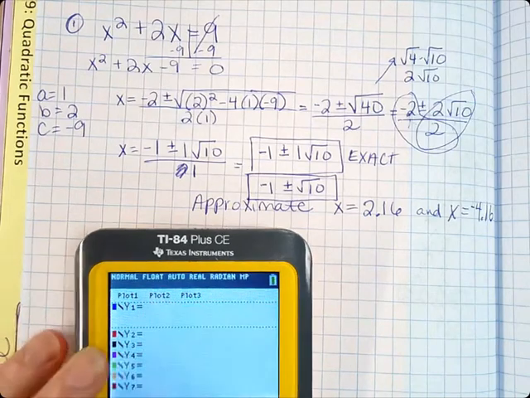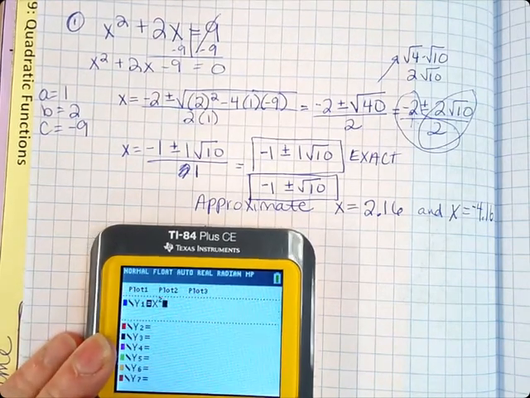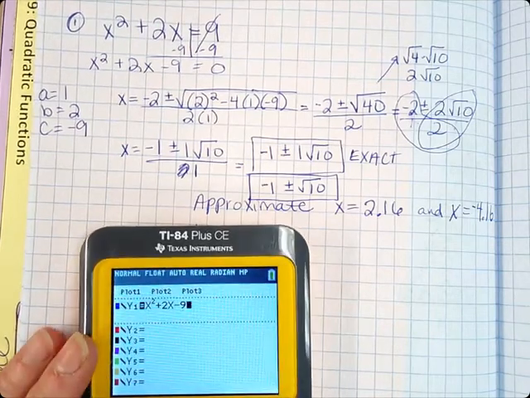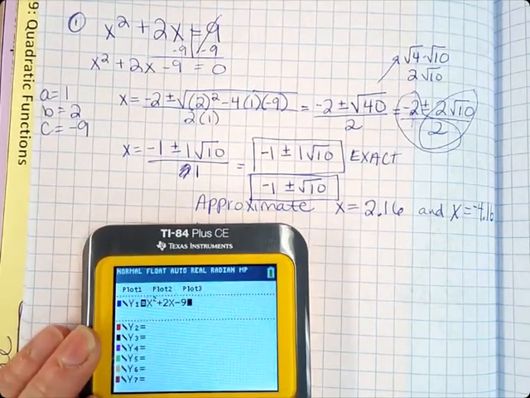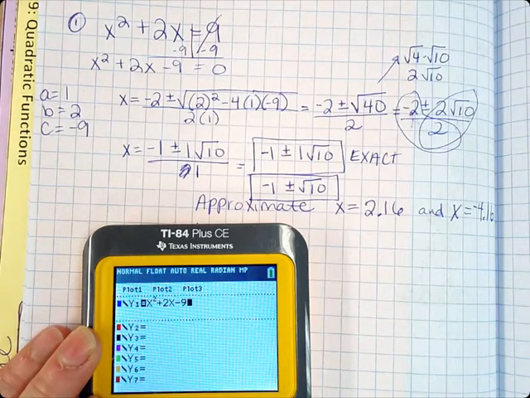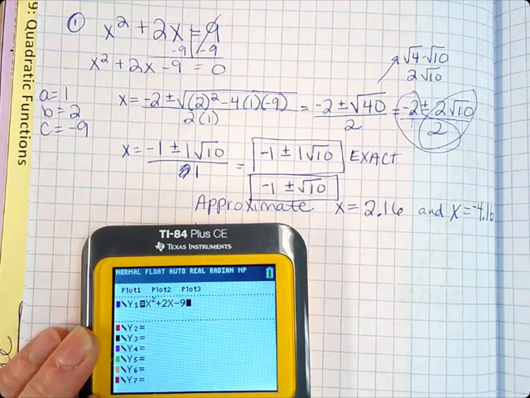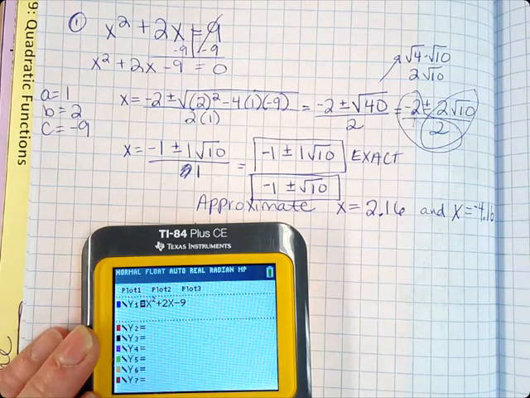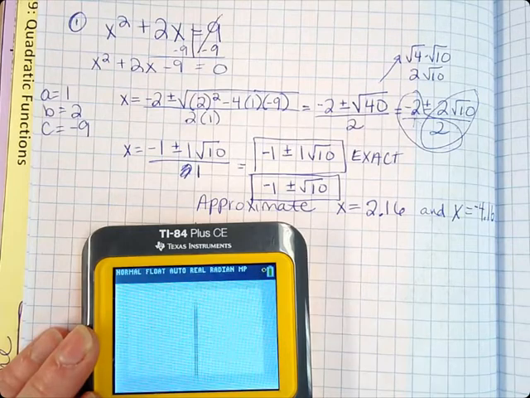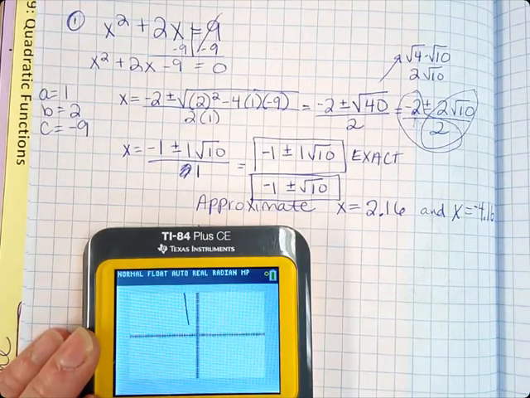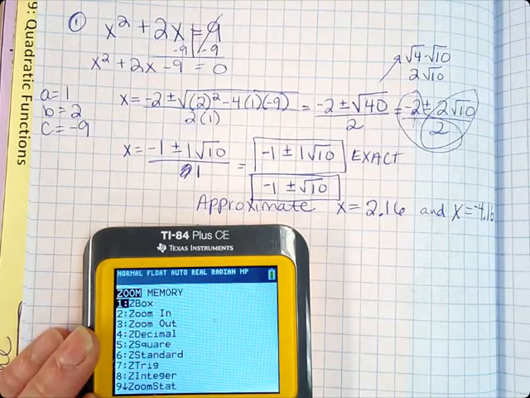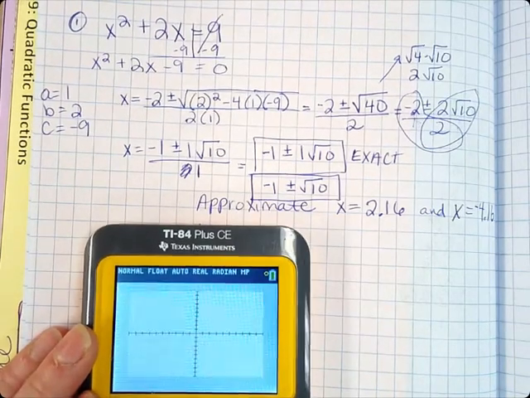So it would be x squared plus 2x minus 9. Now go to graph. Mine is zoomed out, so I'm going to do zoom standard so I have it in just regular view.